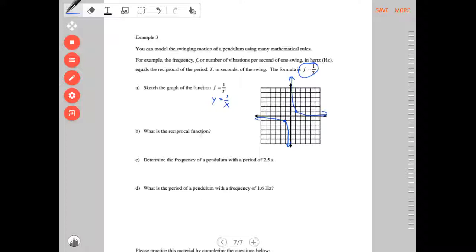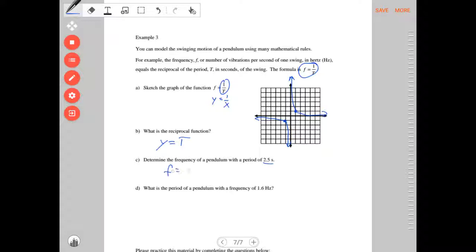What is the reciprocal function? Well, hey, if the function is 1 over t, then the reciprocal is just y equals t. Okay, fair enough. Now, determine the frequency of a pendulum with a period of 2.5 seconds.